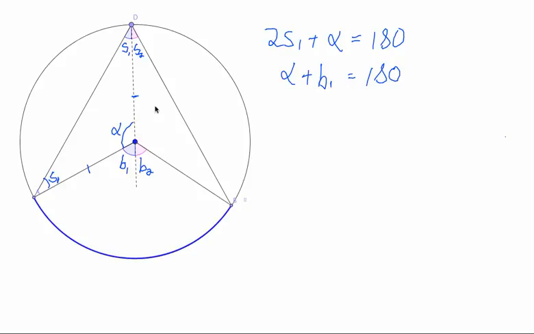Now, if that's the case, then we've got two things that equal 180, so they must be equal to each other. We can say that 2S1 plus alpha must be equal to alpha plus B1. We've got alpha on both sides, so we can subtract alpha from both sides. We'll end up with 2S1 is equal to B1. Okay, so let's put a box around all that.